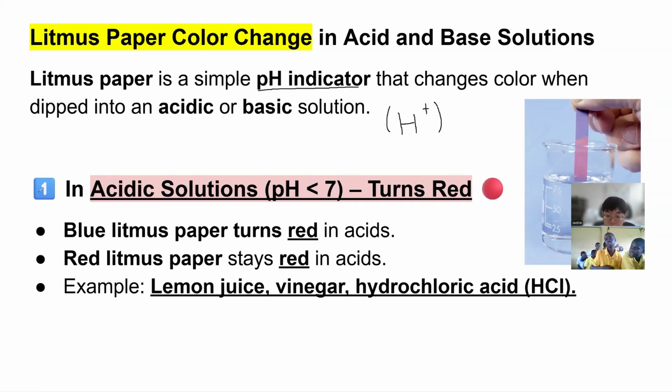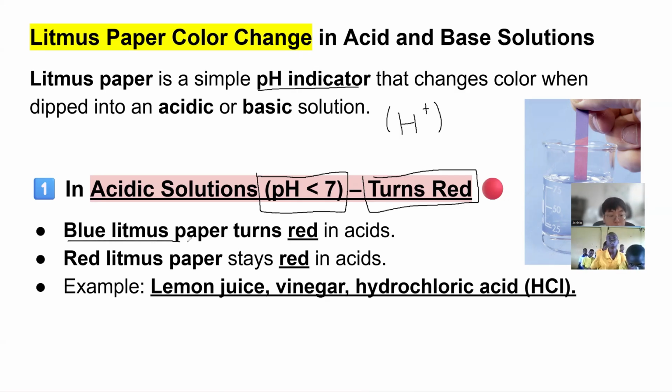All right. So in an acidic solution, the litmus paper turns red. In acids, pH is less than 7. That's the number. In acids, pH is less than 7, and litmus paper turns red.